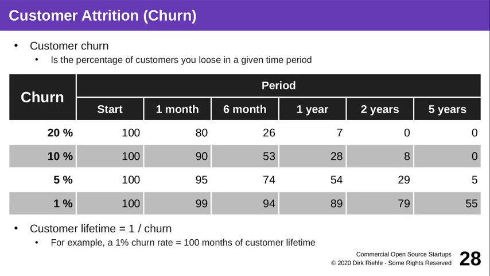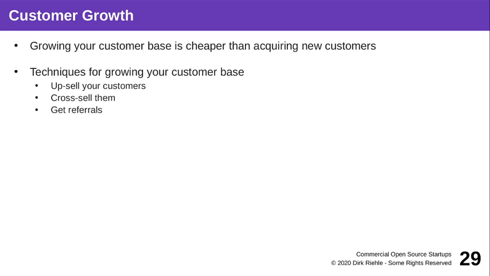So keeping churn low is key to maintaining your customers, and the cost of keeping churn low is much lower again than the initial customer acquisition. So focus on keeping churn low if you can.